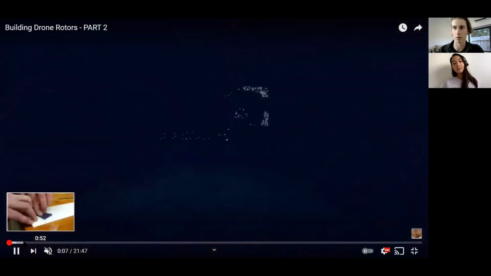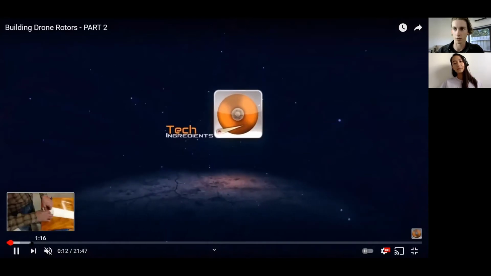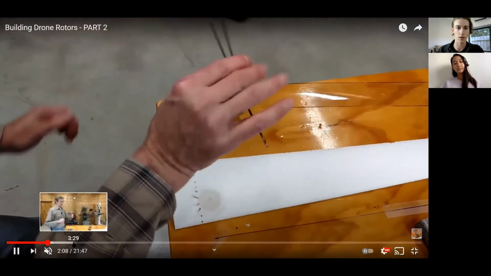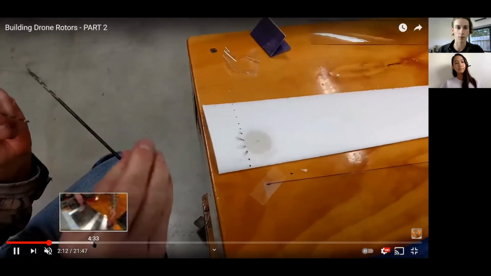So layup is the process of manufacturing from the actual fabric that Anne was mentioning, plus the epoxy resin. And this bloke's making drone propellers using carbon fiber.